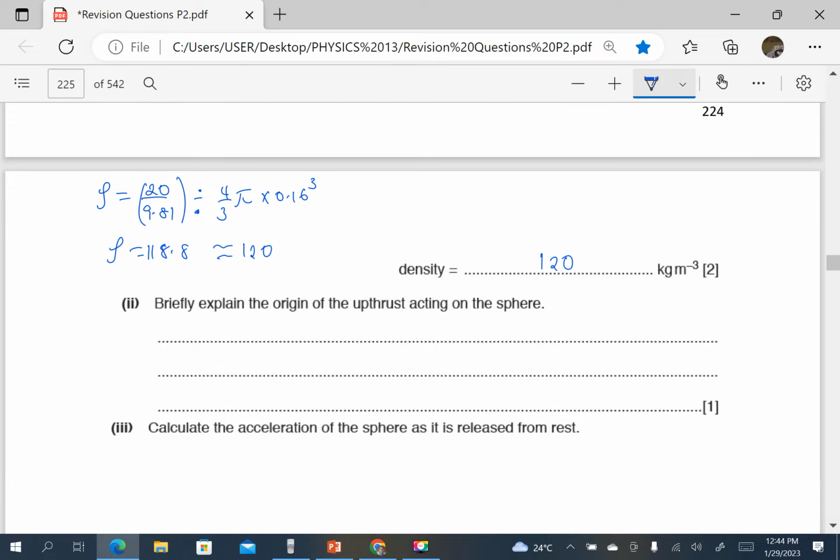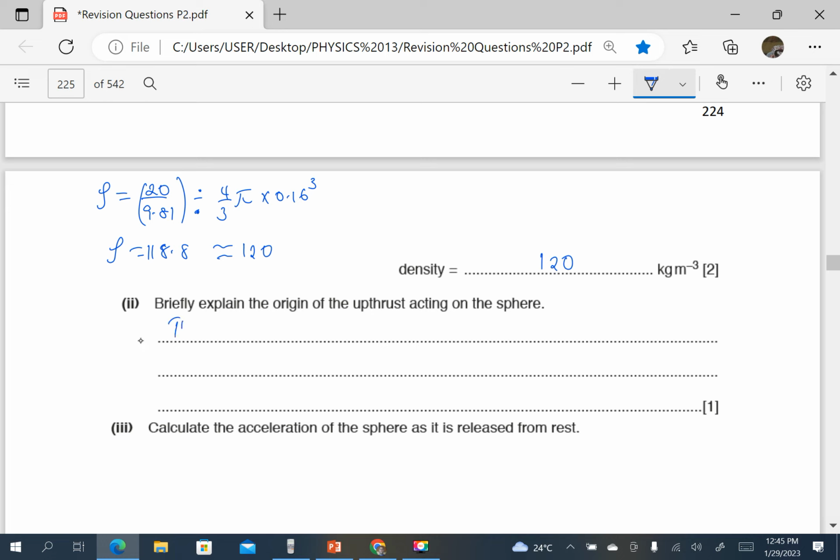Briefly explain the origin of the upthrust acting on the sphere. Of course, upthrust is a result of the difference in pressure between the top and bottom of the object when it is submerged. So the pressure at the lower surface is actually greater than the pressure at the upper surface, since pressure increases with depth.